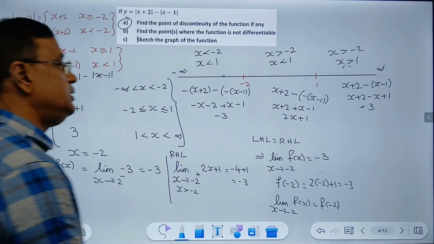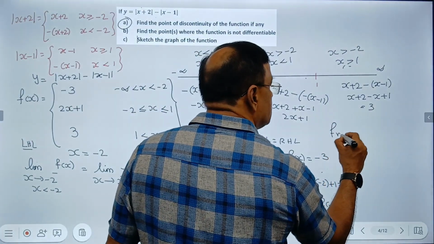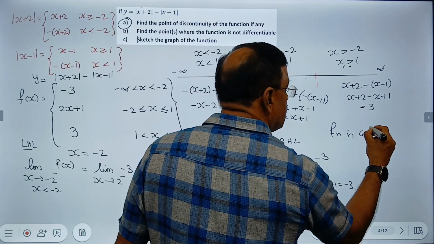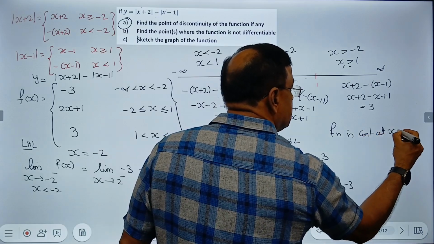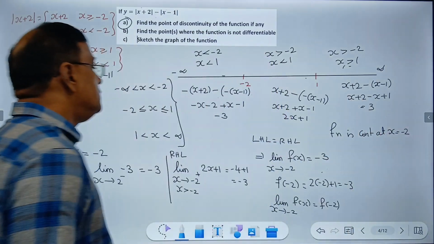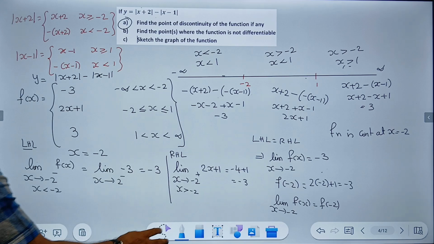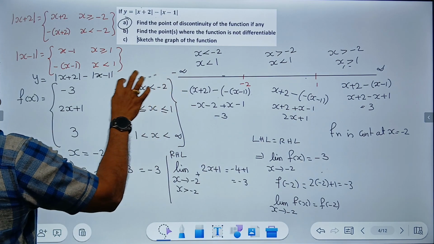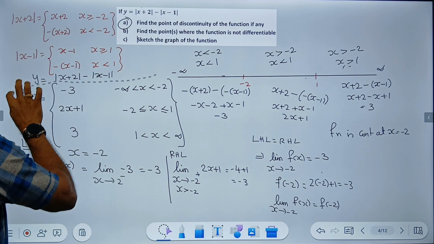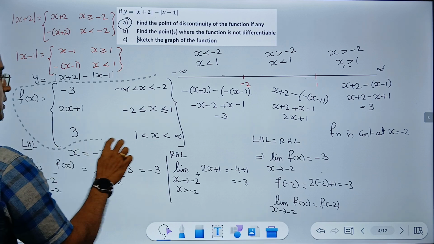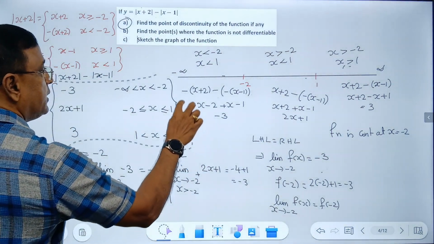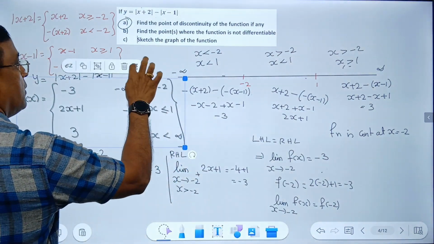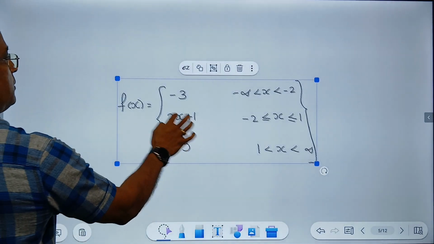My doubt is cleared. Clearly, the function is continuous at x equal to minus 2. So one doubt is cleared. Okay. Now my second doubt. I'll take this function. I need it. My second doubt is, let me have it here.